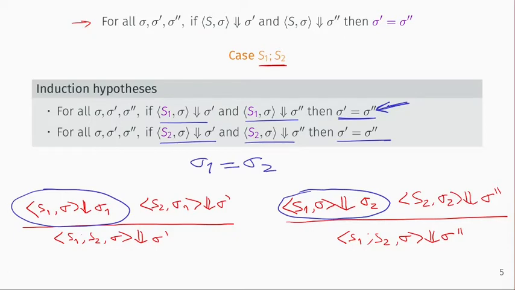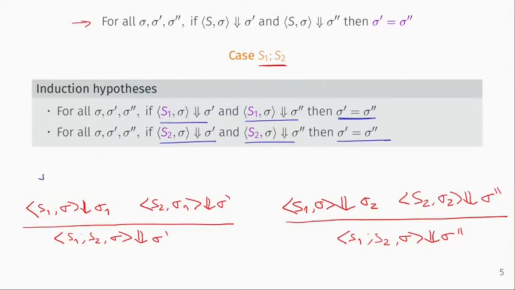states. So if we know that sigma 1 equals sigma 2, then this allows us to rewrite, let's change the sigma 2 by sigma 1 here. Oops, sorry.